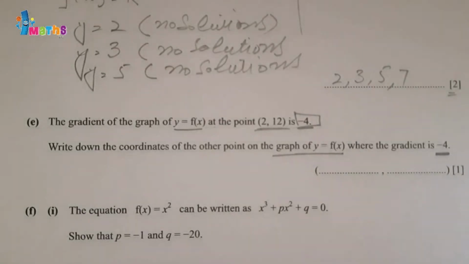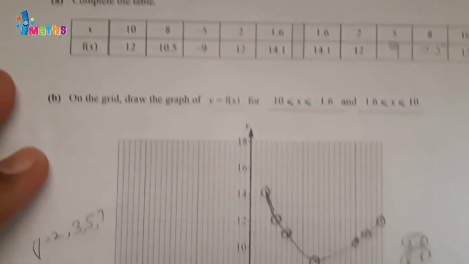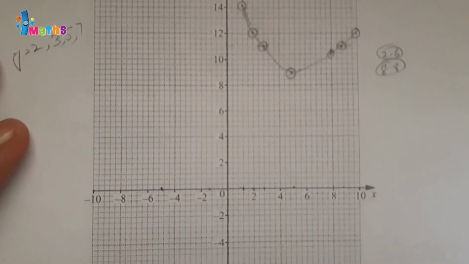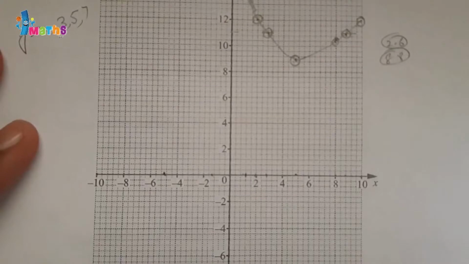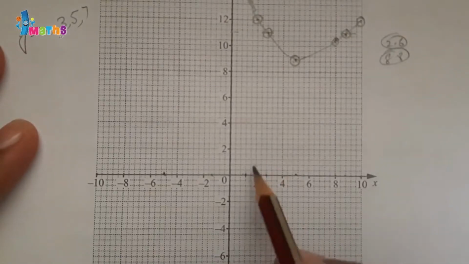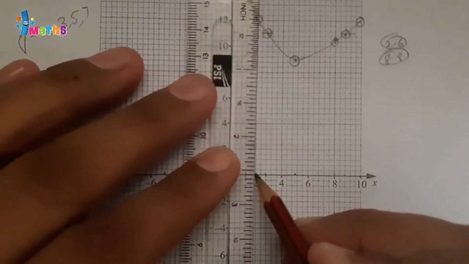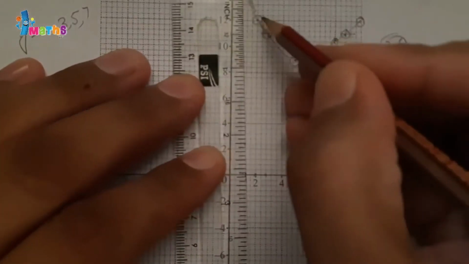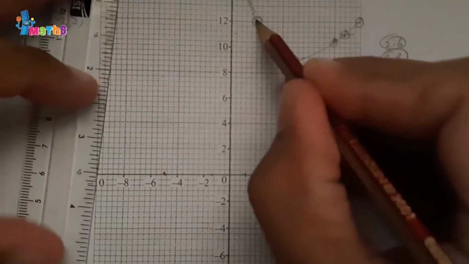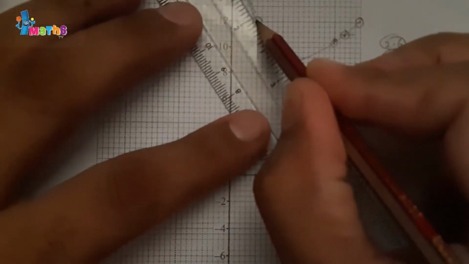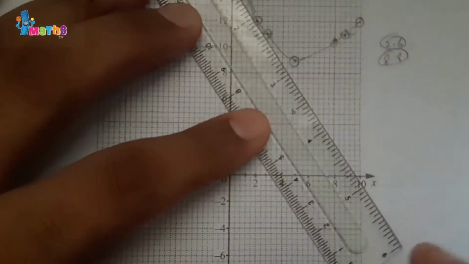So we'll check from the graph which we have already plotted. See, this is the graph, and (2, 12) will be this point, and the gradient at this point is minus 4.